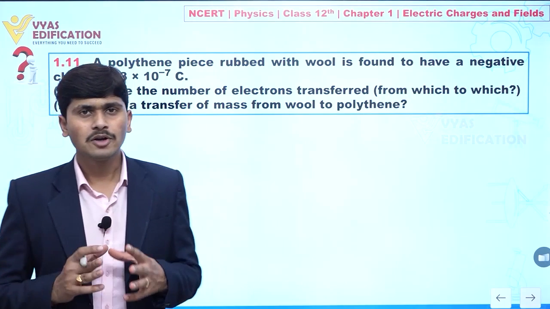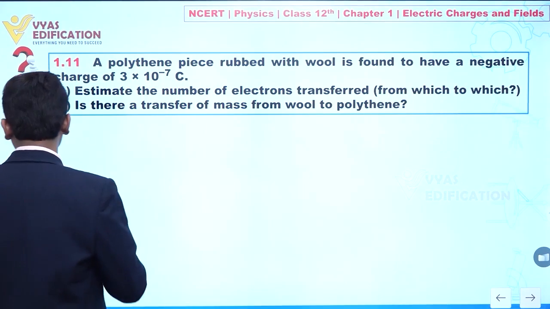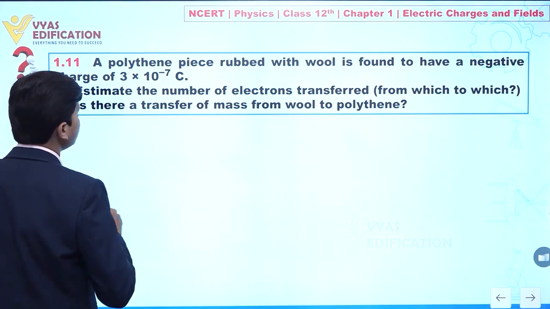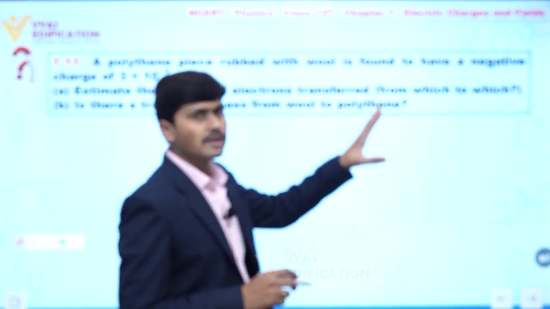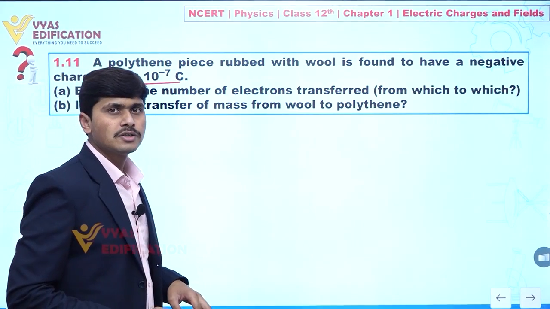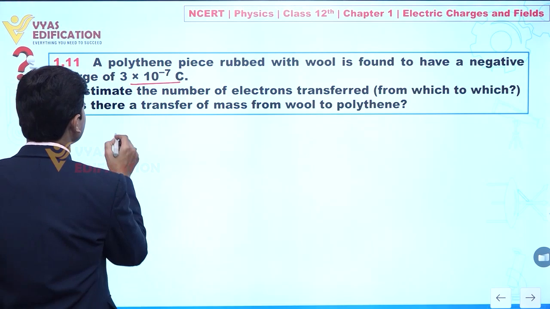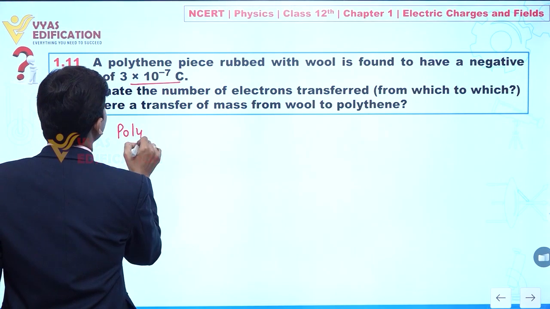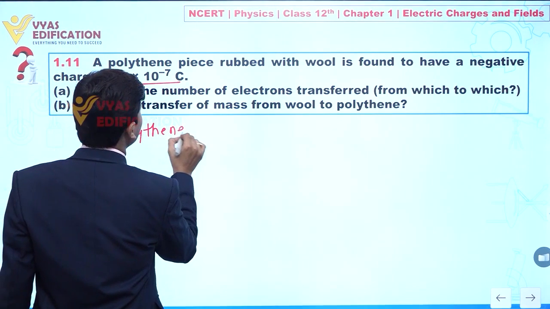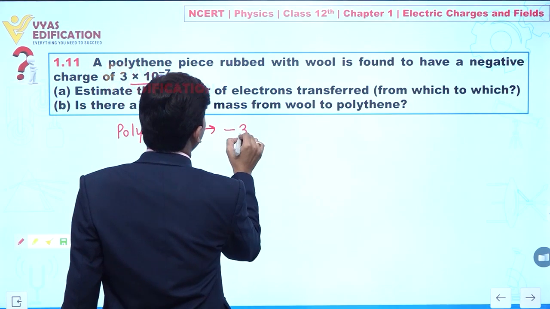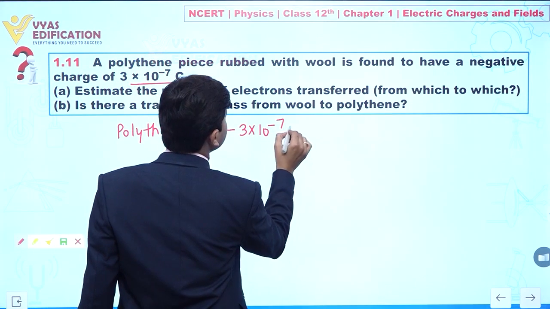We have here a polythene and a wool. It is found to have a negative charge of 3 into 10 to the power minus 7. So on polythene we have a negative charge, minus 3 into 10 to the power minus 7 coulomb.